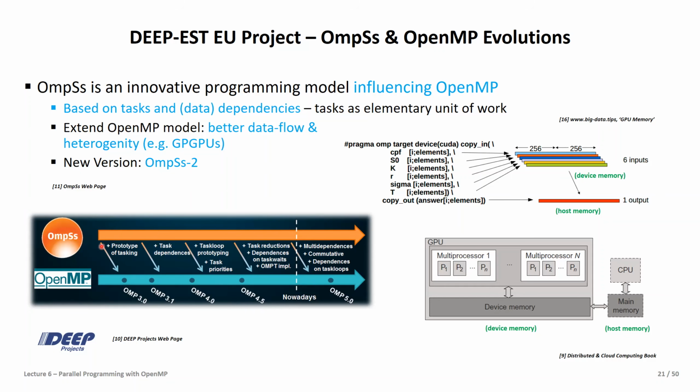You see here the evolution, how the prototypes of tasking, task dependencies and loops slowly moved into the OpenMP standard over time, and where we are nowadays: improving the standard to have not only a better data flow, but also this heterogeneity that we know.